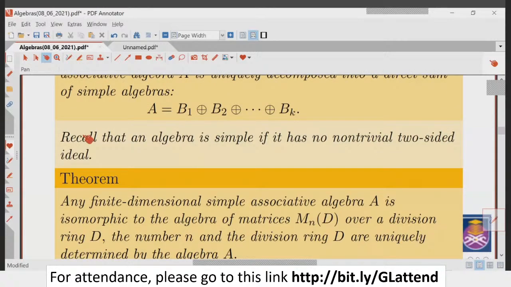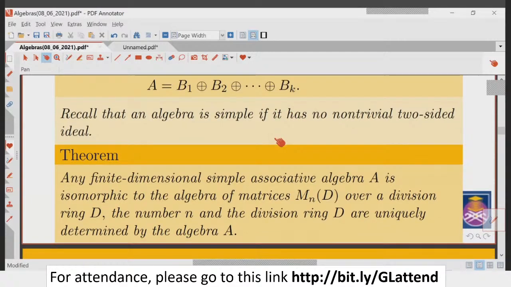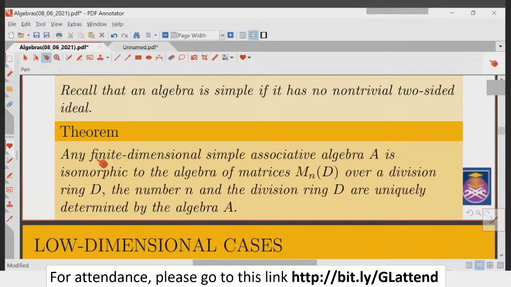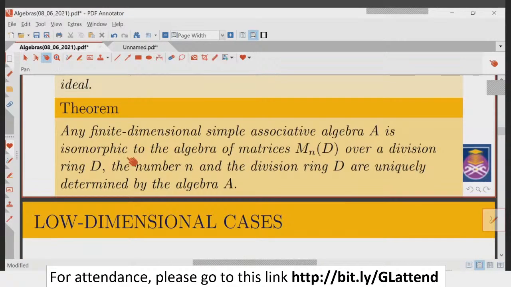But any simple associative algebra can be described as follows by this theorem. Any finite dimensional simple associative algebra A is isomorphic to the algebra of n by n matrices over a division ring or skew field. Do you remember, one of the examples of a skew field was the quaternions.